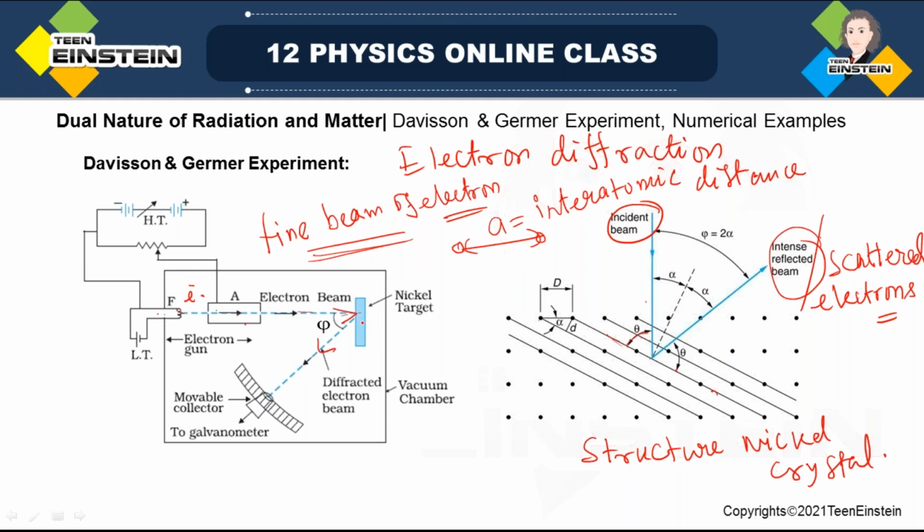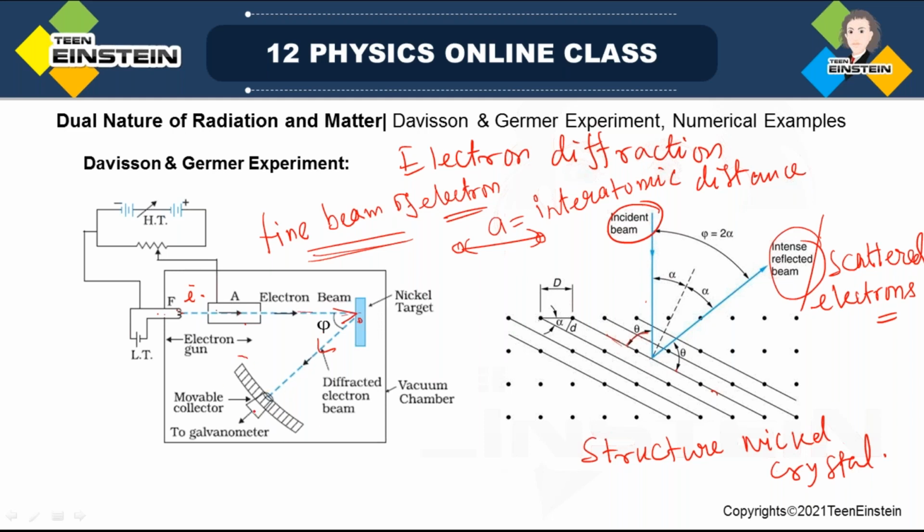This crystal can be rotated about an axis which is perpendicular to the plane of the paper. When you rotate it, the incident electron beam will be scattered in different directions. Now see what you have.